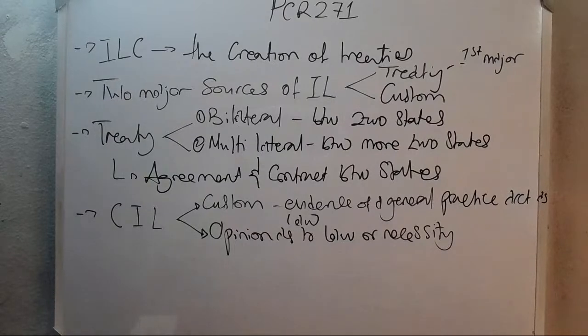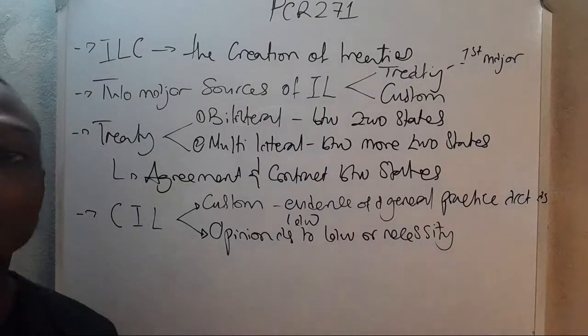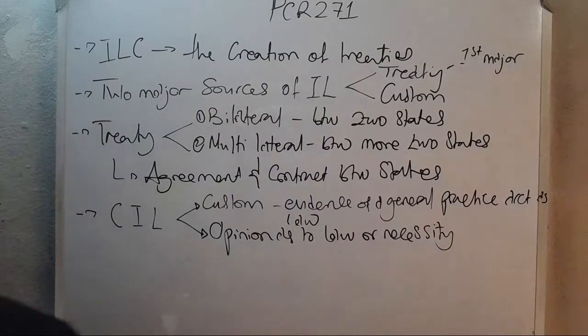So there are other sources. We talked about just treaty and custom, but there are other sources as well that we made mention of, that are also sources of international law. Speaking of general principles, let me write down with a red marker.